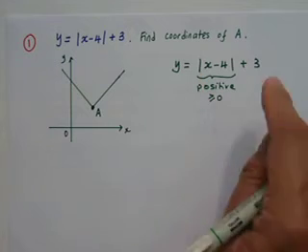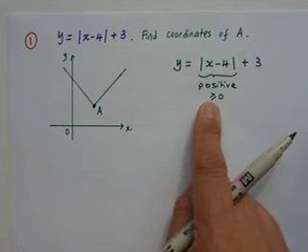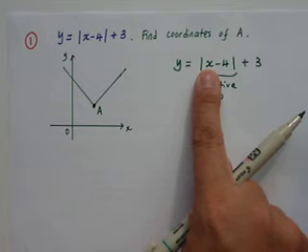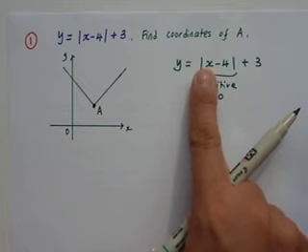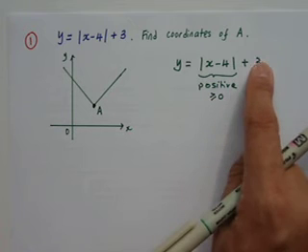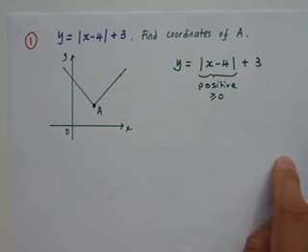A modulus value cannot be negative. So the smallest is 0 when x is 4, and for any other values of x, the modulus will be a positive number. So when you add to 3, this number will be greater than 3.